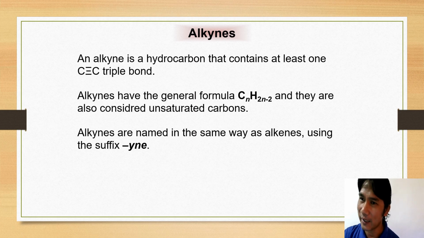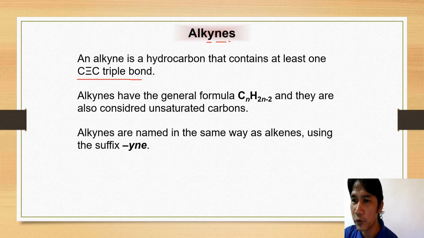And then alkynes, take note, it is spelled Y-N-E. It has a triple bond. The general formula is CnH2n-2. They are also unsaturated because they have more than one bond.